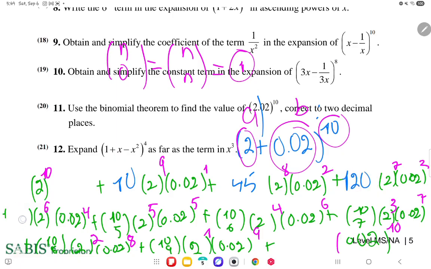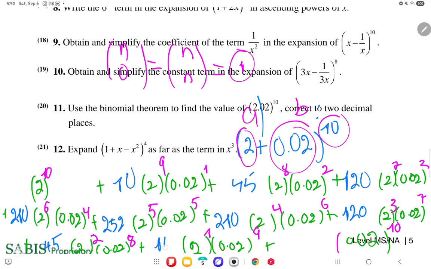What will you replace it with? 210. 10 combination 5, you will replace it with 252. 10 combination 6, you will replace it with 210. 10 combination 7, you will replace it with 120. 10 combination 8, you will replace it with 45. And then finally, 10 combination 9, you can replace it with 10.